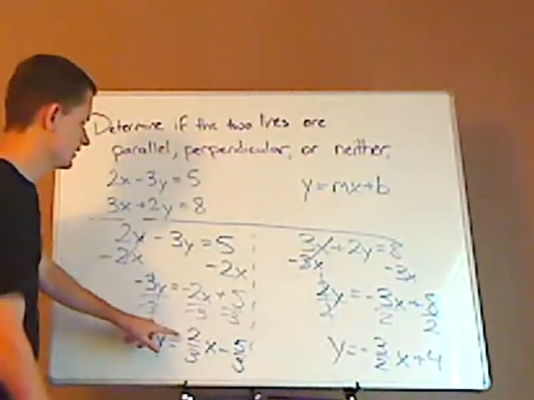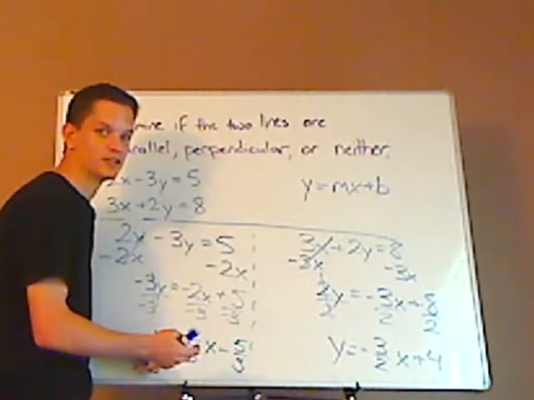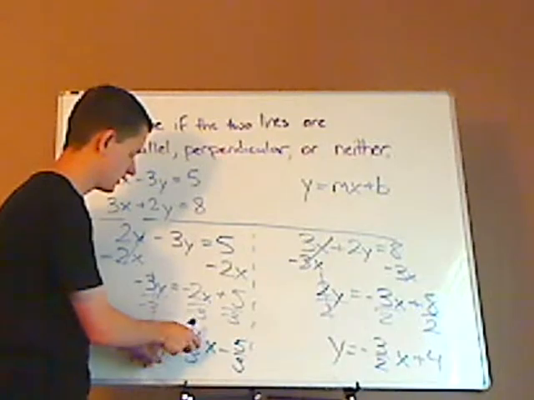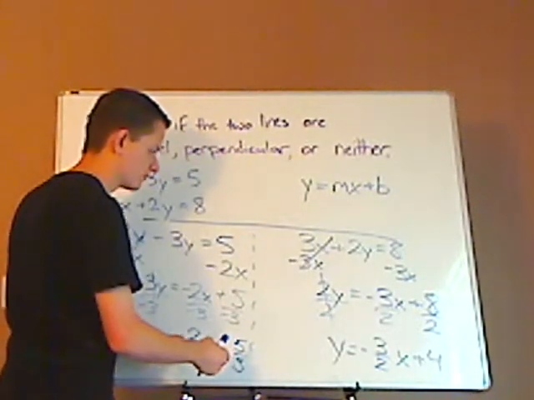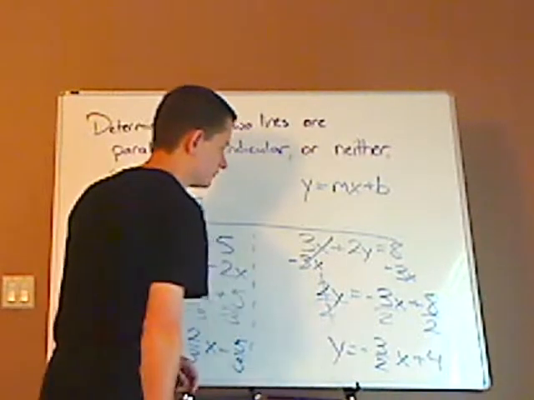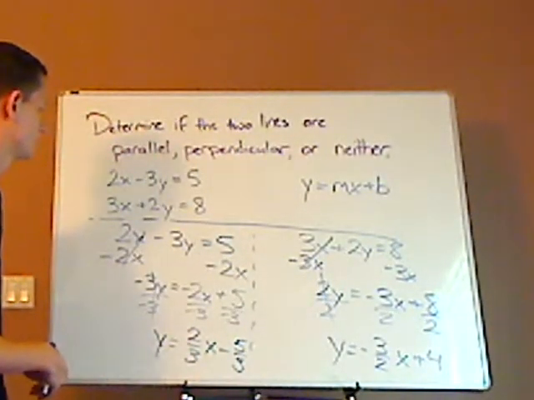So I look at both of these. Notice if I change the sign and flip this, it's 3/2, and changing the sign from positive to negative, then I get the slope.